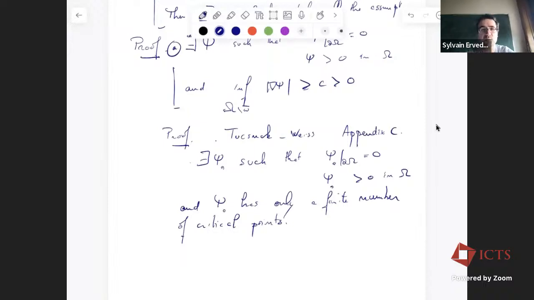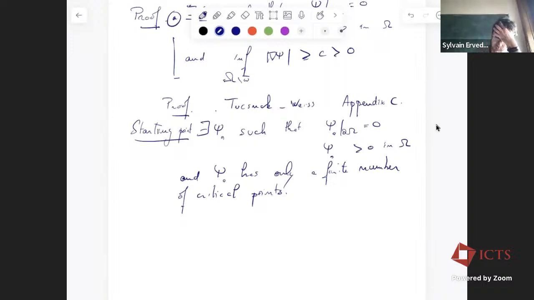In fact, this property is generic in the sense of Baire, so there are many functions like this. Okay, so this is the starting point. I believe that Marius Tucsnak is maybe still in Bangalore with you, so if you have questions about this construction, you can go to him.